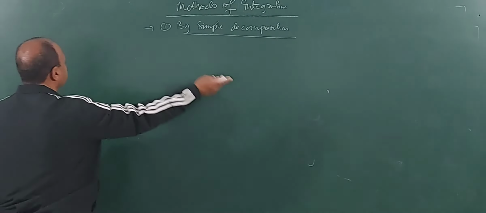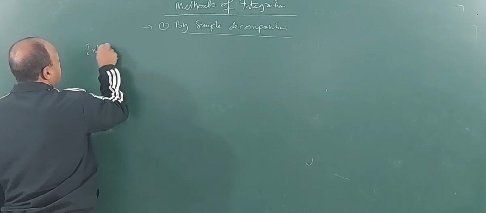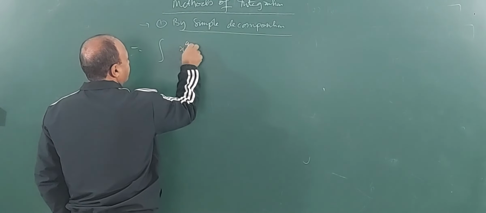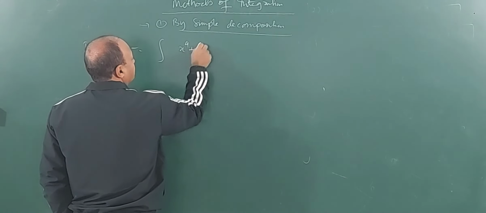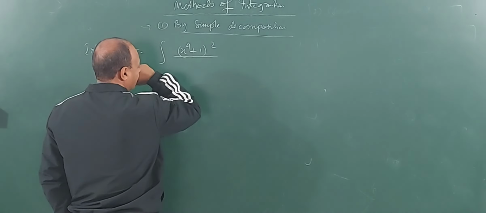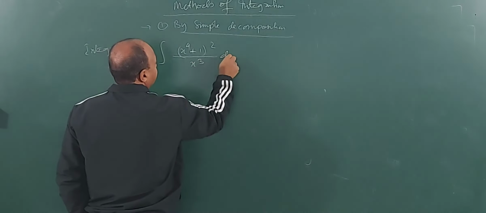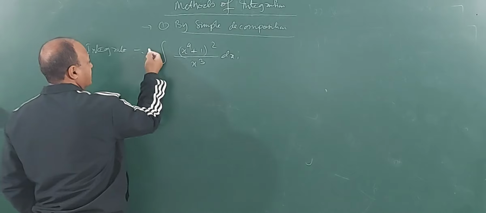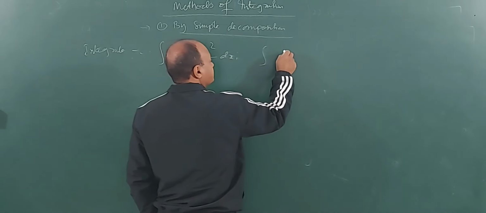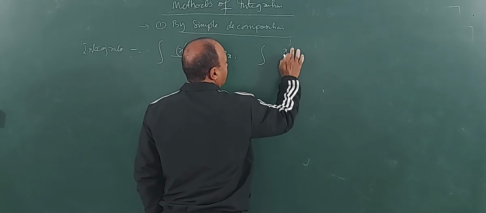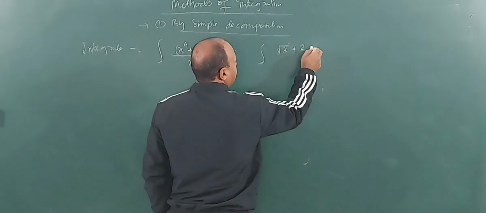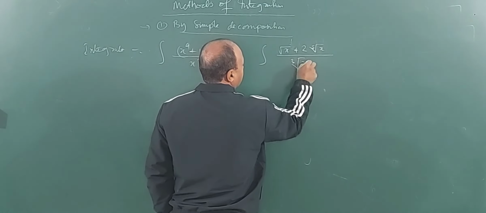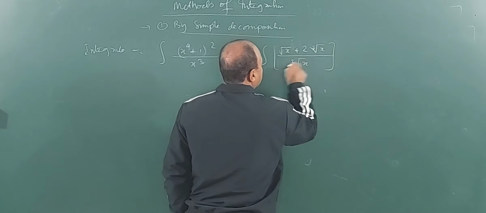Now see, suppose I ask you to integrate, first one, (x to the power 4 plus 1) whole square divided by x cube, or maybe I will put some irrational powers, like x to the power half, or root x plus 2 fifth root of x divided by cube root of x, something like this.